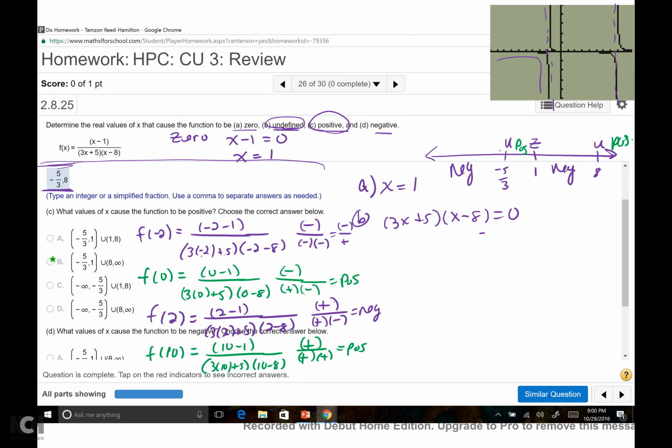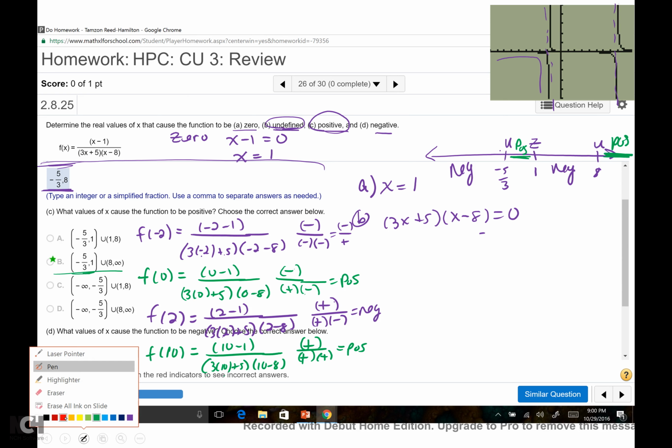So then it wants to know when it is positive. They didn't say or equal to, they're using interval notation. So it's positive between -5/3 and 1, union 8 to infinity.